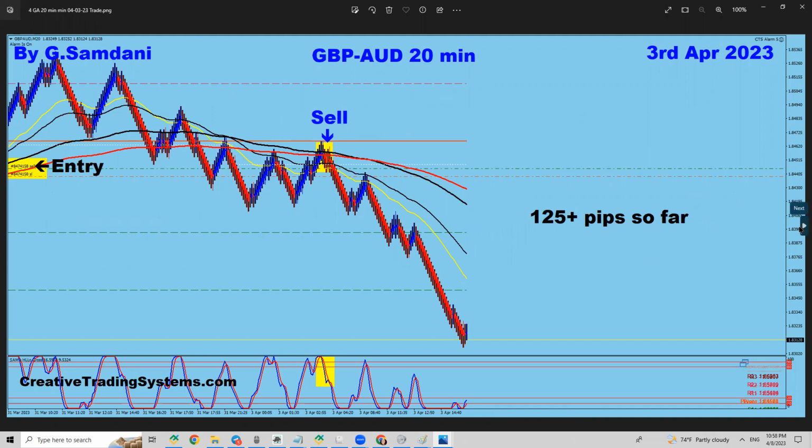Aussie was weak all along, but often we have the news coming in and destroying everything, right? So the direction changes for a little bit, but then again it resumes. And that's what happened here.